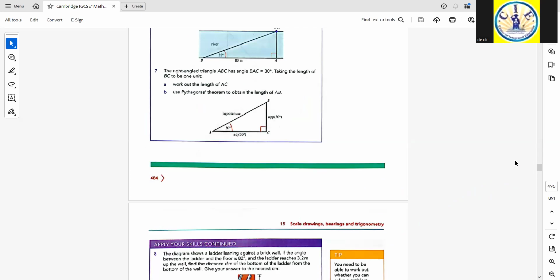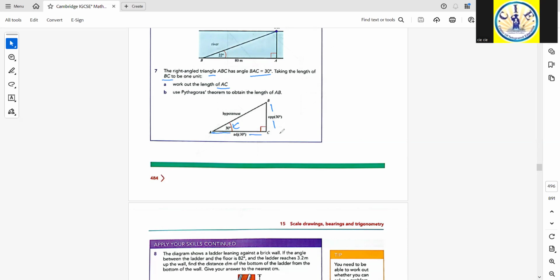It is then question number 7. The right angle triangle ABC has angle BAC equals to 30 degrees, this one, taking the length of BC to be 1 unit. This is taken as 1 unit. Work out the length of AC.